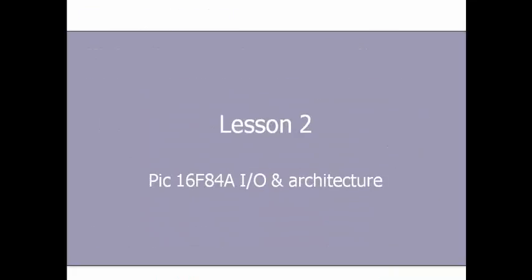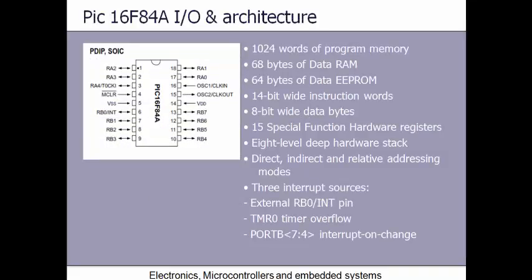Now let's take a look around the microcontroller we see today. As we see here, we have 2 ports, port B with 8 input outputs, and port A with 5 input outputs.